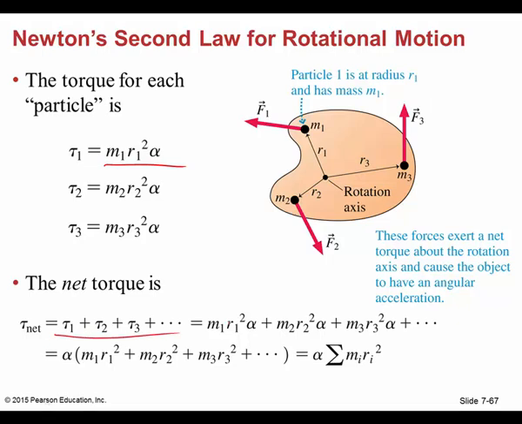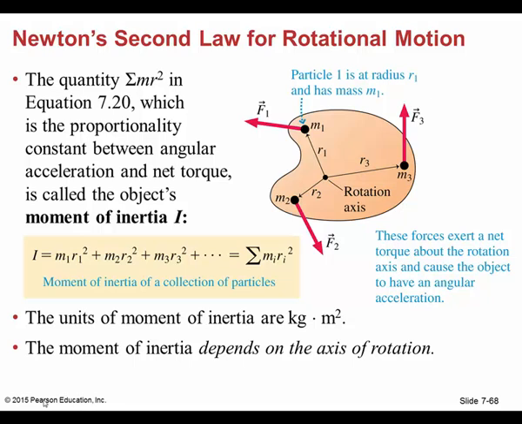Rotationally speaking, it is the sum of all the mass times the radius squared times the angular acceleration. So there's another equation right here to find net torque. And of course the units are still newton meters.